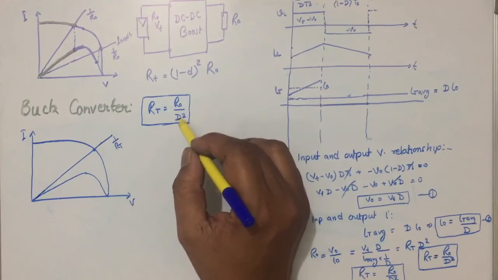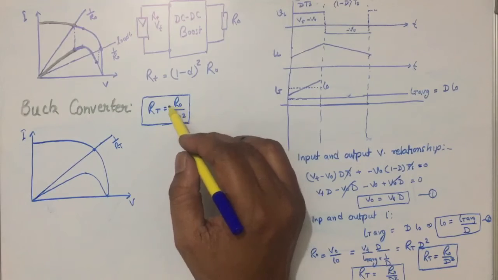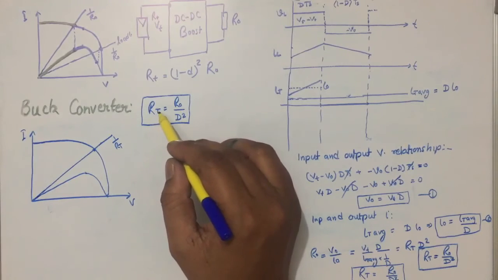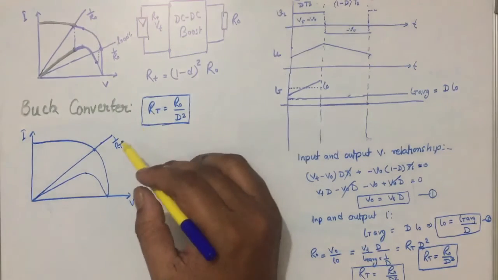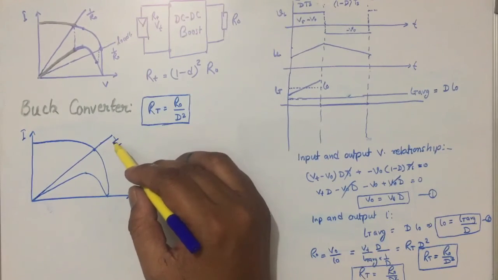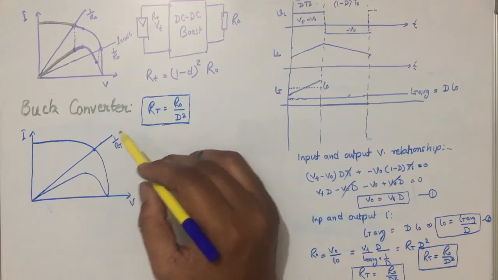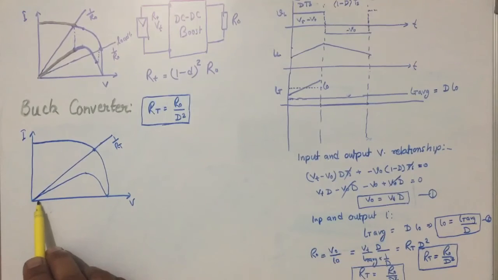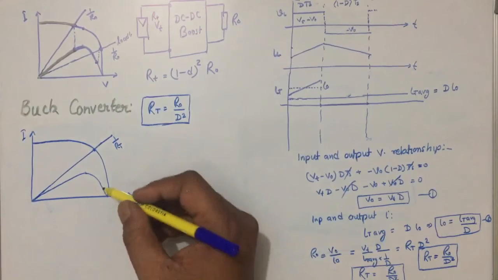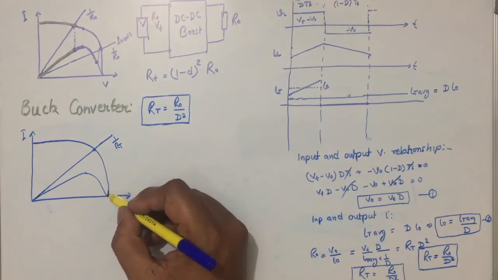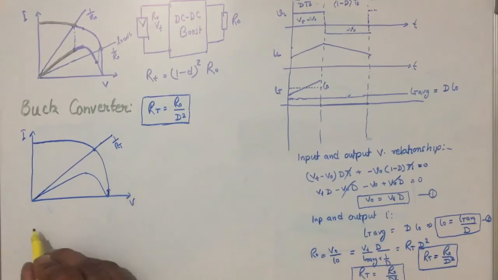If d is 0, it means RT is infinite, and if RT is infinite then the slope will be 0. 1 by RT will be 0, and if slope is 0 then the load line can come here. So the point of control starts from here. Okay, so if d is 0, it should be actually small d, keep in mind.